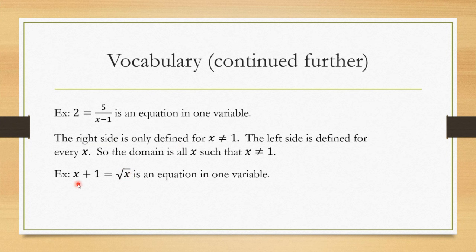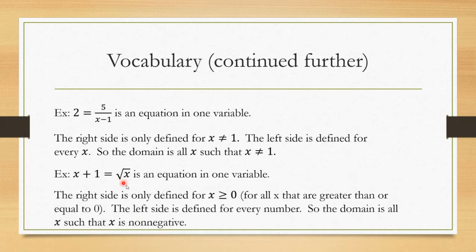On the left side here, x could be any number you want. There's no restriction on x. You could take any number you want and add 1 to it. So altogether, the domain of the variable here is all x that are greater than or equal to 0. In other words, all x such that x is non-negative.